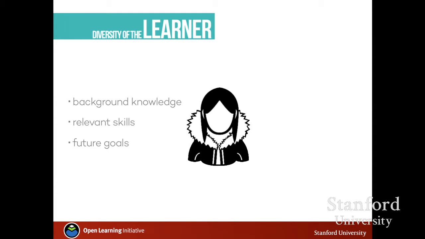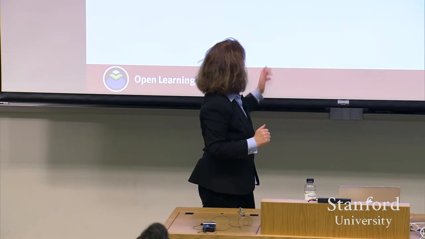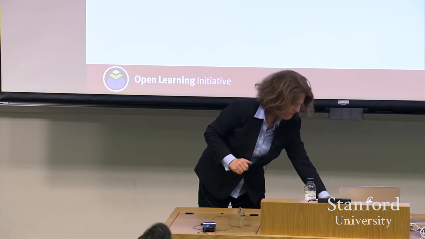The other diversity, which we study more of here at Stanford, is the meaning that they make out of the learning experience you give them. You can't just say, if you do this, then the learner will make this meaning out of it, because that process is very complex. So we need to look at all of this diversity.